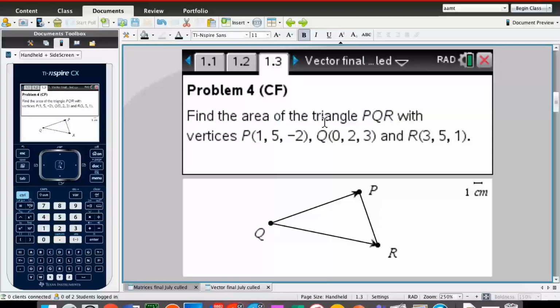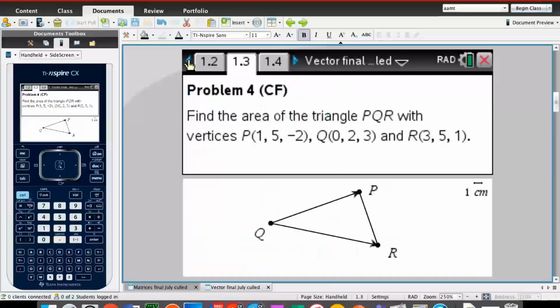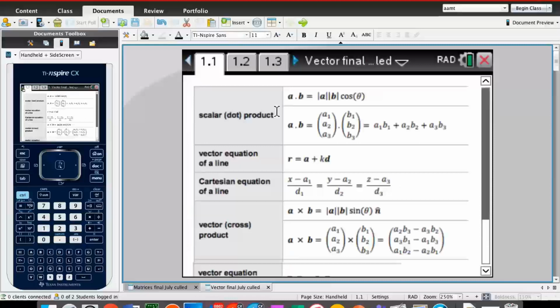Okay, so I've defined these vectors P, Q, and R, and I've just used a notes page again. You can use the formula sheet. So the formula sheet, if we just go back to the formula sheet, you can see on the formula sheet it does have the vector cross product there.